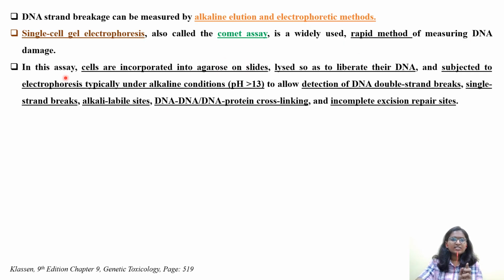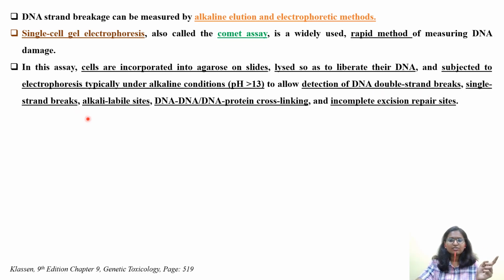In the Comet assay, cells are incorporated into agarose on slides and lysed, broken into small pieces, so as to liberate their DNA, and subjected to electrophoresis. The slides are placed under electrophoresis, typically under alkaline conditions at a pH greater than 13. That is why it is called single cell gel electrophoresis, to allow detection of DNA double strand breaks and single strand breaks.